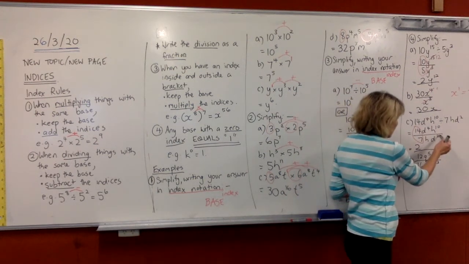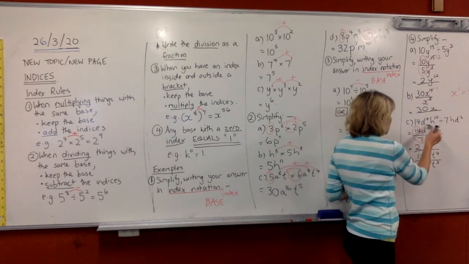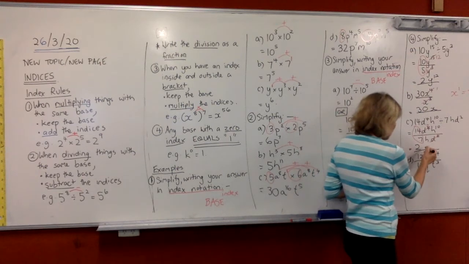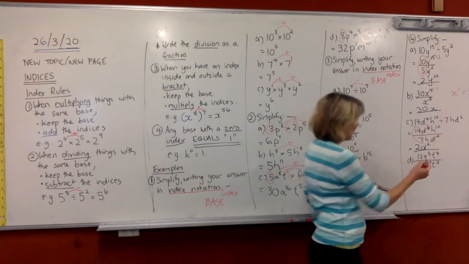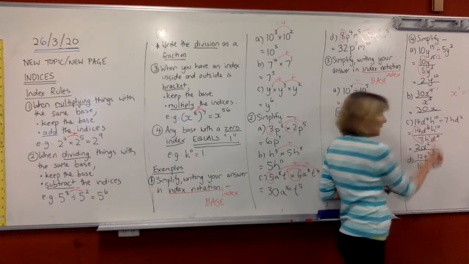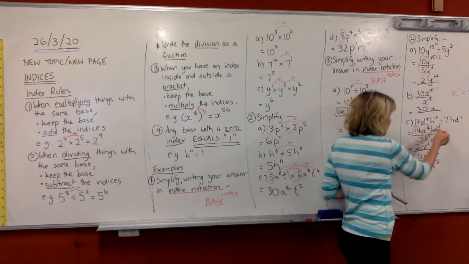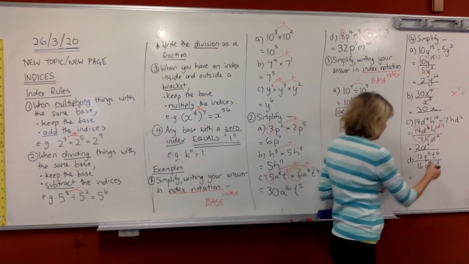So we're going to cross out 2 of these and 2 up the top, and that'll leave you with d squared on the top. Make sure you write it up there. With the h's, we have h to the power of 1 here. So we're going to cross out that 1 h and 1 of them up the top, and that will leave you with h to the power of 9 up the top.